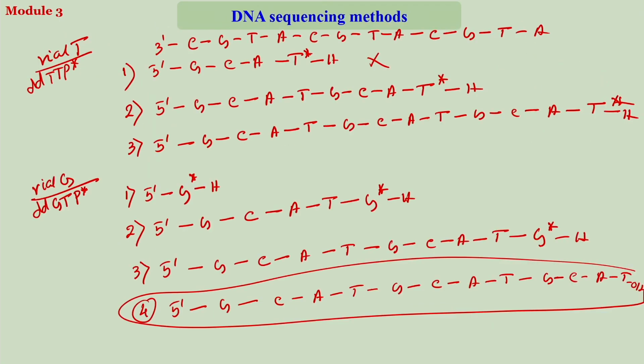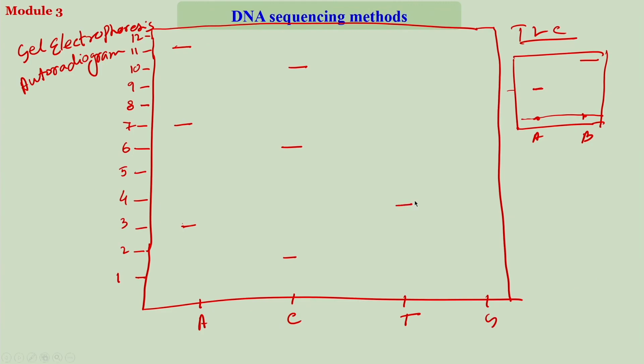T vial you have 4, 8 and 12. So, that is the full length, 4, 8 and the last one 12.